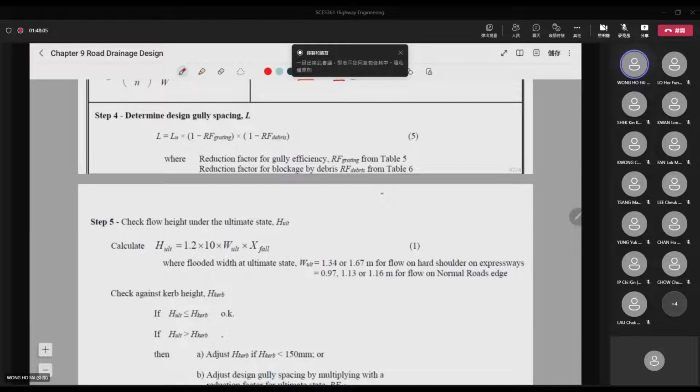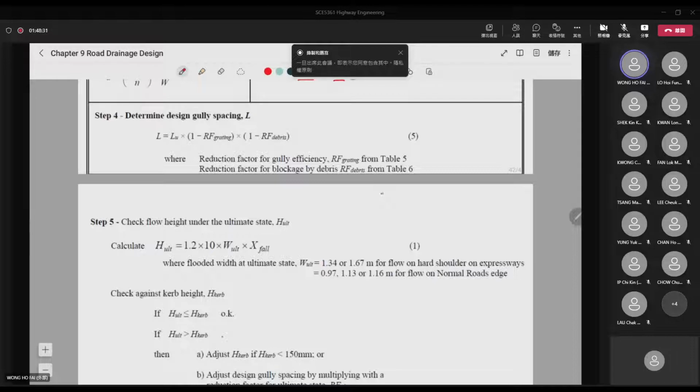The flooded width is equal to 1.34 or 1.67 for the expressway, and equal to 0.97, 1.13, or 1.16 for the normal road, depending on the area. Then you consider the value.